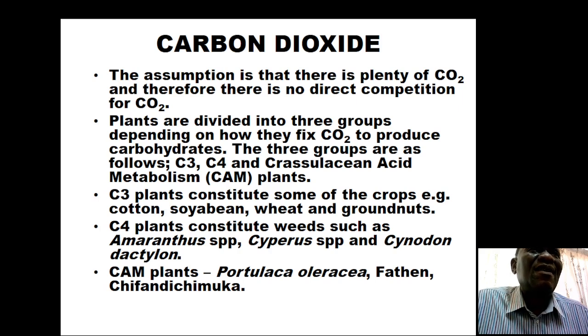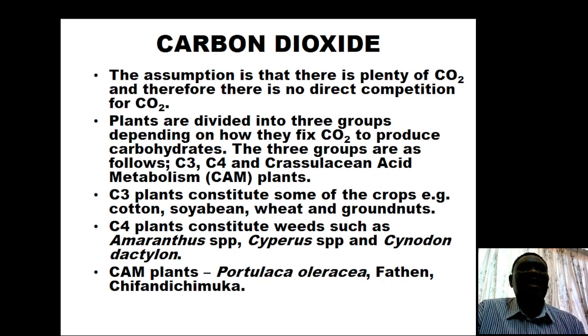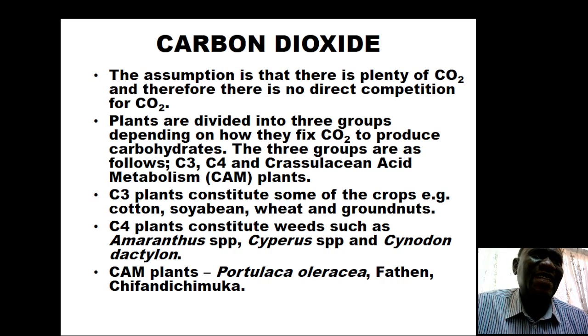So we've got C3, C4, and the crassulacean acid metabolism, the CAM plants. The C3 plants constitute some of the crops, e.g. cotton, like I have mentioned, soybean, wheat and groundnuts. C4, we have got Amaranthus, Cyperus, Cynodon, but we also have maize under that category.